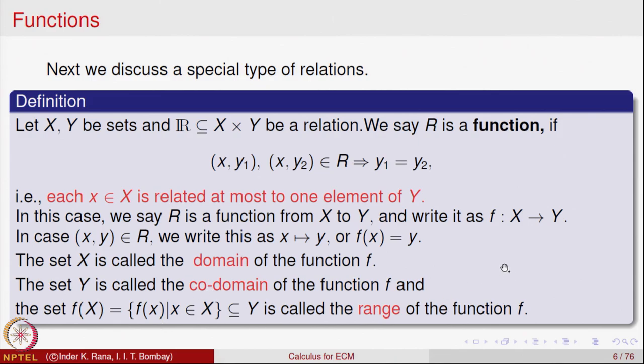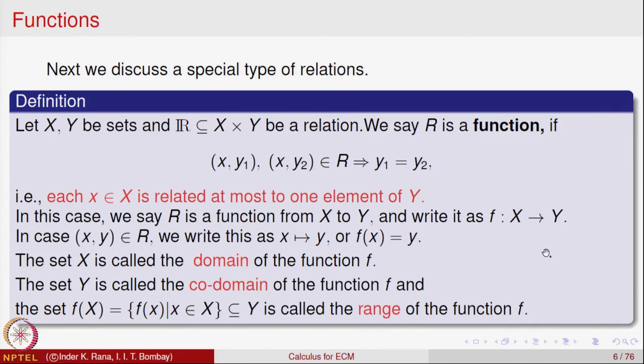So, a function is a special type of relation in which every element of X is related to some element of Y, and it is related to only one element of Y. X is called the domain and Y is called the codomain. The range is all the points of Y which are related to some point of X.